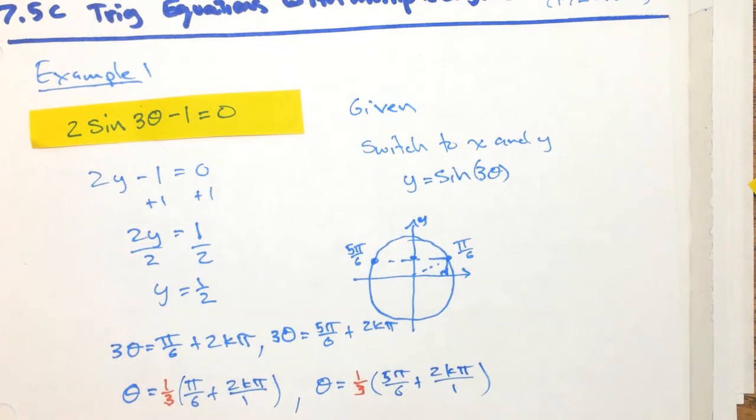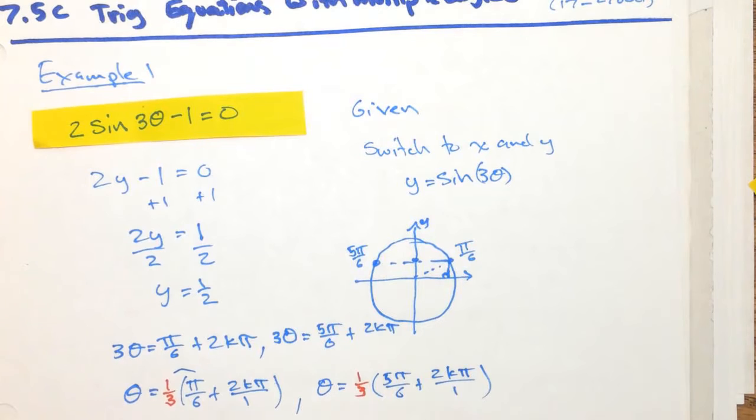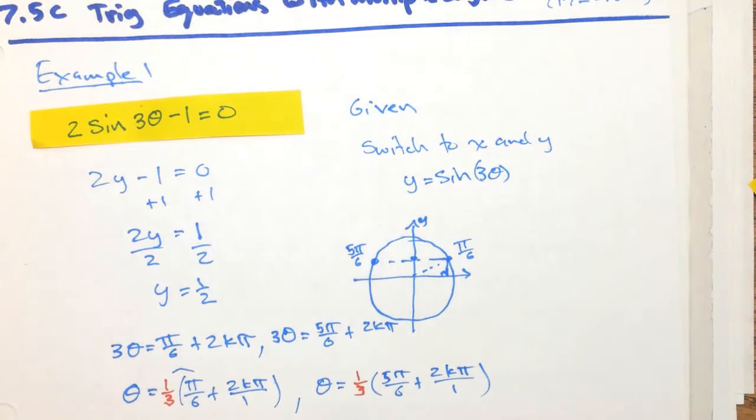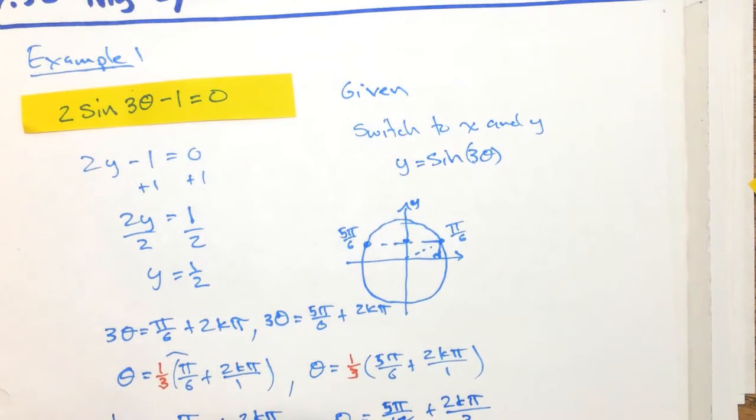Distribute that through, so we get theta equals pi over 18 plus 2k pi over 3. And this one I get theta equals 5 pi over 18 plus 2k pi over 3. So these are my general solutions.